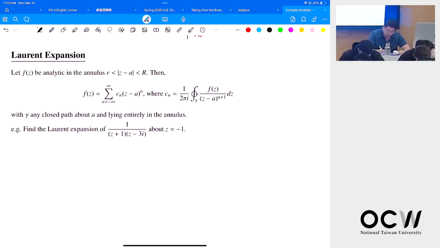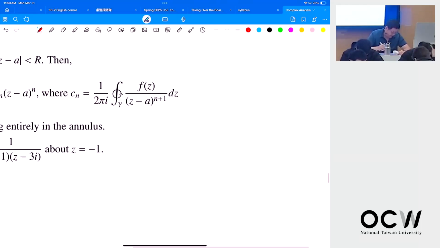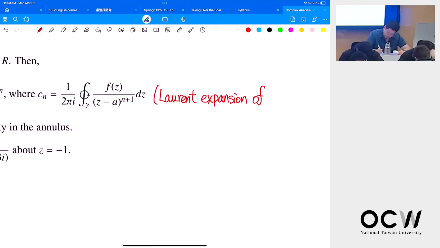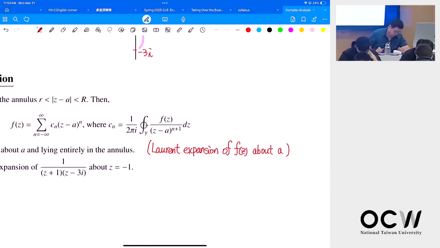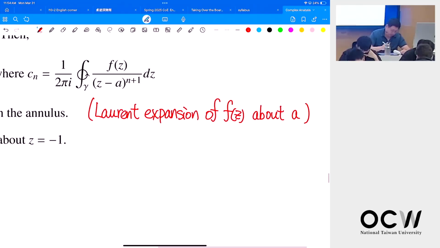Before we do that, for this coefficient Cn, that is the Laurent expansion of your function about A. And then for the Laurent expansion, here's a note.